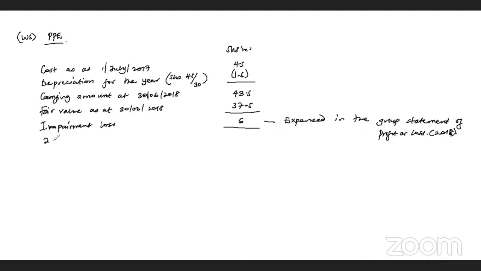So now in the 2019 financial year, we see the fair value as at 1st July 2018 given as 37.5. And of course, we have to depreciate that year.